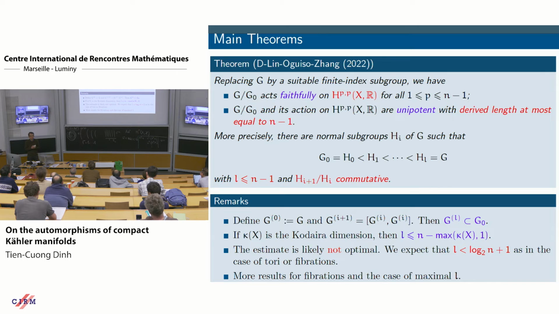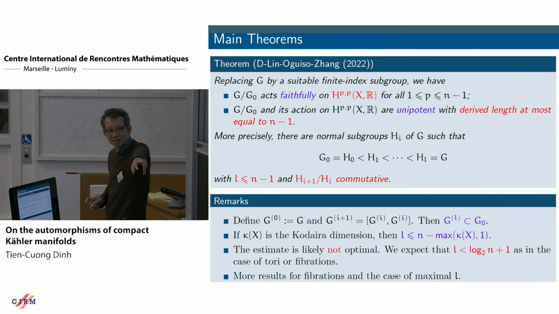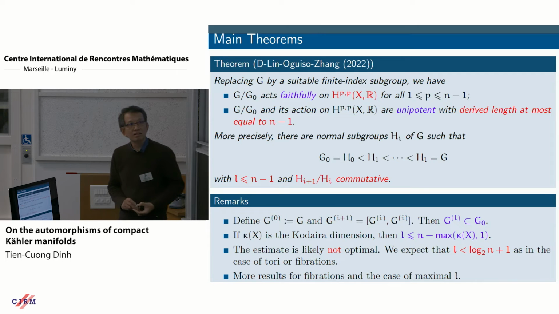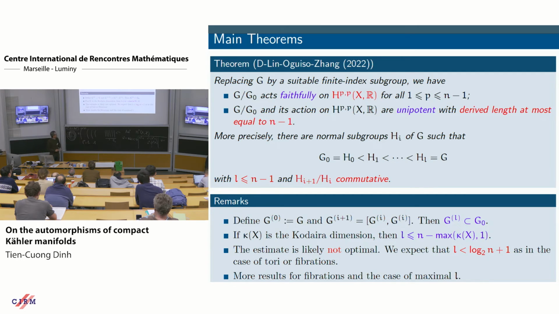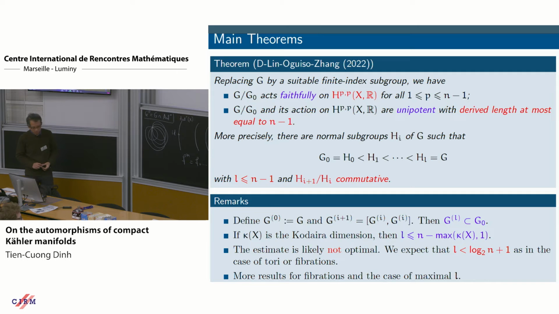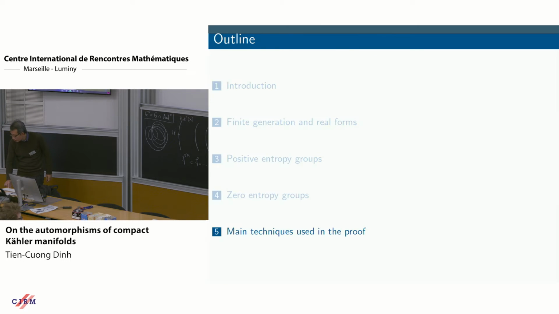So if you have this estimate, then you solve the conjecture here. So this is the way that you get log 2 of n. Not directly, but using another sequence, a filtration of G. Okay, so I'm going to the next section.